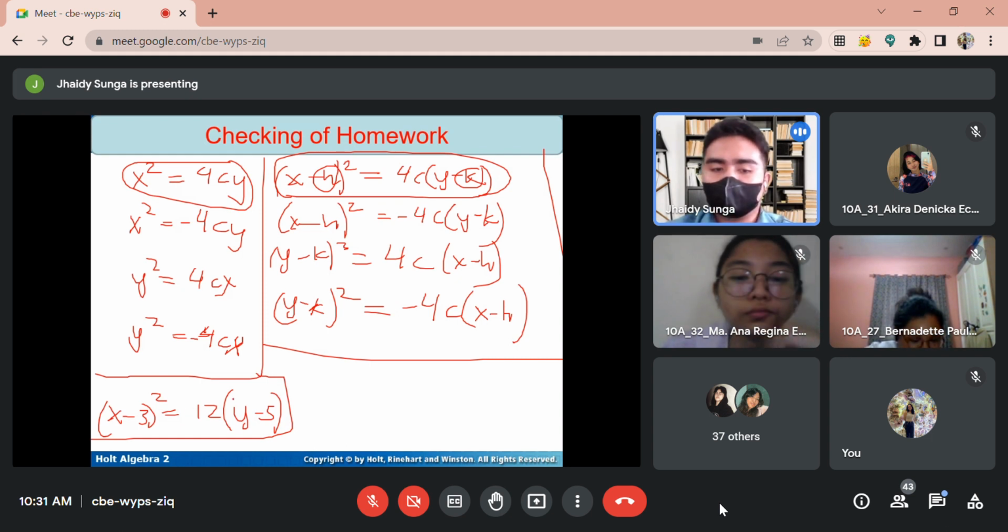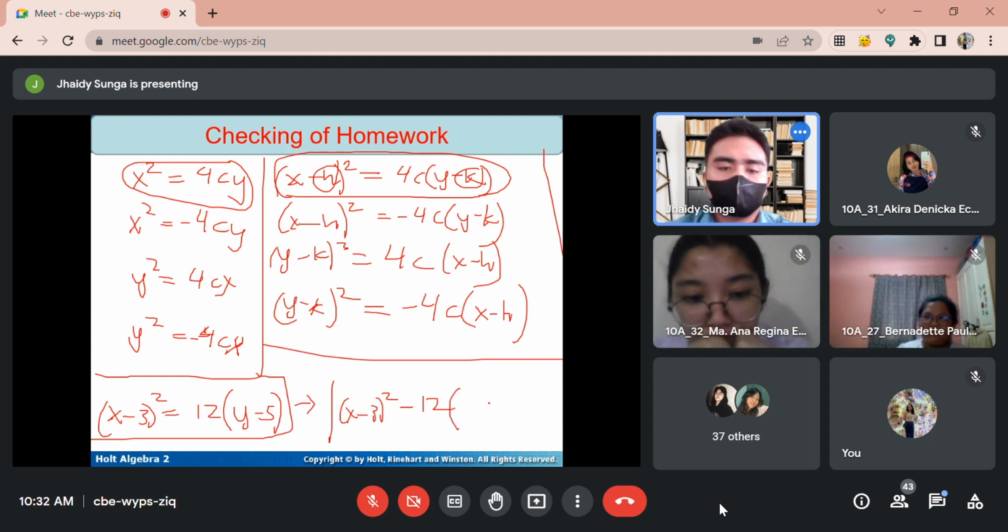Okay. But what if it will be in general form? It will be in general form as x minus 3 squared minus 12y minus 5, is equal to 0.